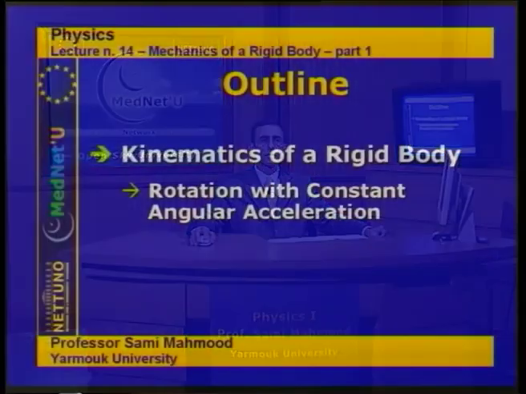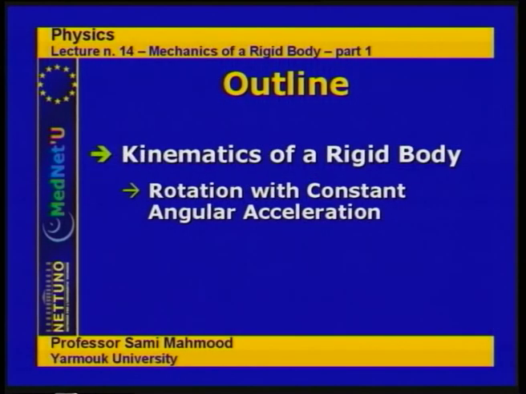Then, after we have defined these key points which are essential for the description of motion, we will use these definitions in order to obtain the equations of motion for the rotating object. And we will consider as a simple case the case of rotation with a constant angular acceleration, just as we did in the case of one-dimensional translational motion.